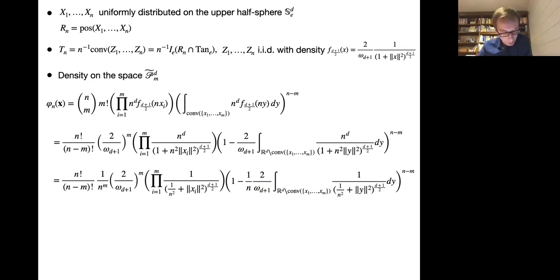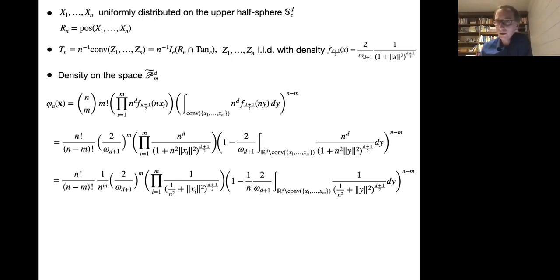But now this is very nice because this fraction here behaves like n to the m, which cancels very nicely with this n to the m. So this goes to 1. Here, this 1 over n squared goes to 0. And here you have 1 minus a constant divided by n to the power n minus m.